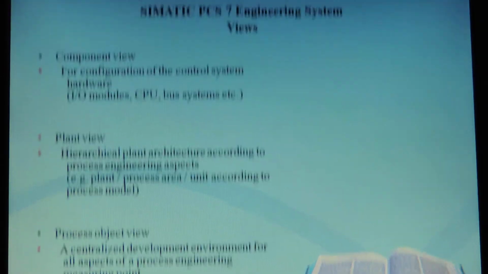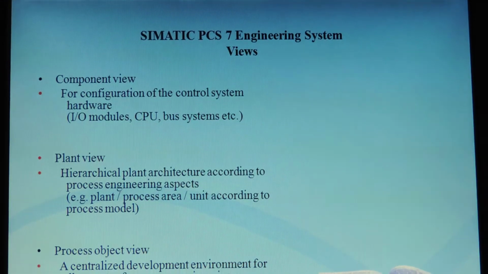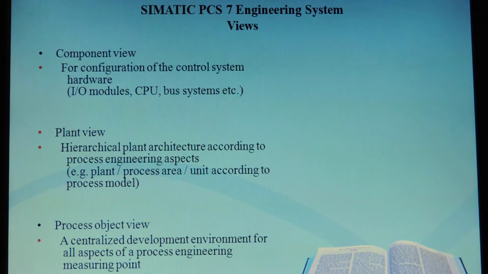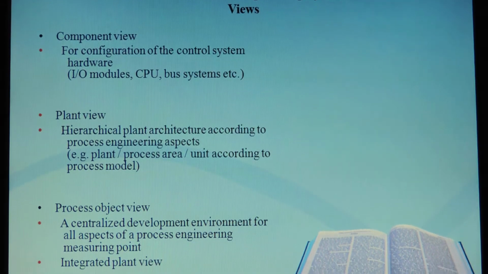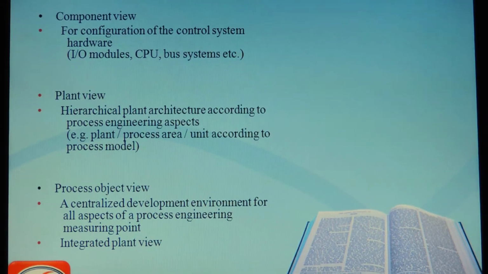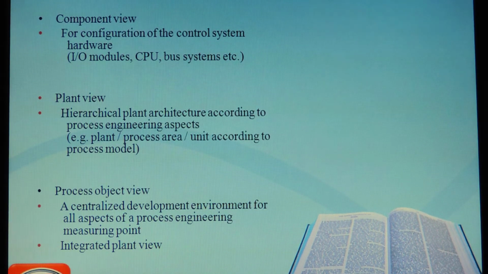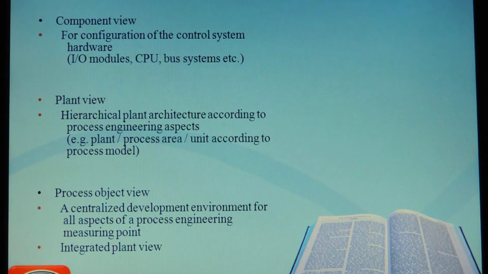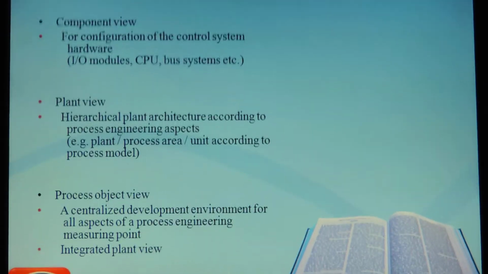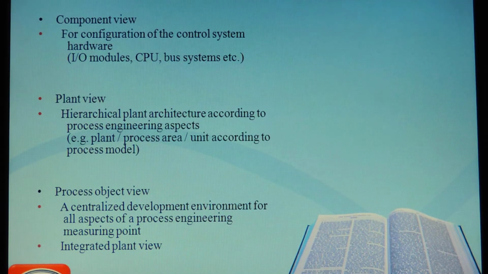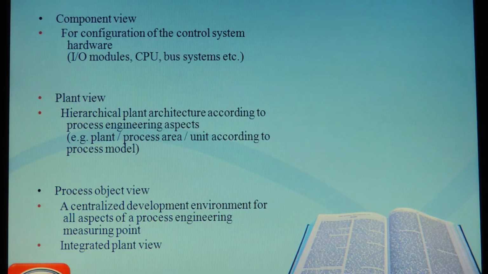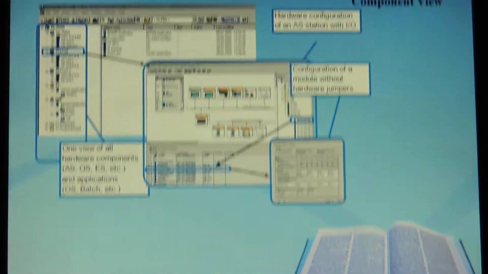In the component view, we configure your I/O modules, CPU, bus systems, all those things. In plant view, we implement the programs, and this program we divide in hierarchical methods. Process object view is just like SCADA monitoring, which means the programs we implement are monitored in process object view.